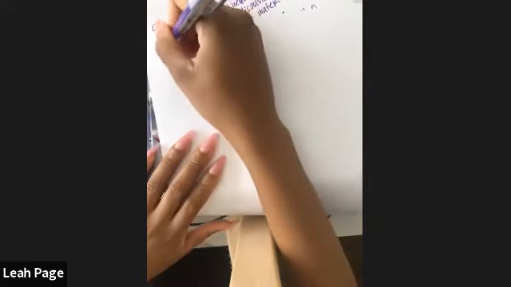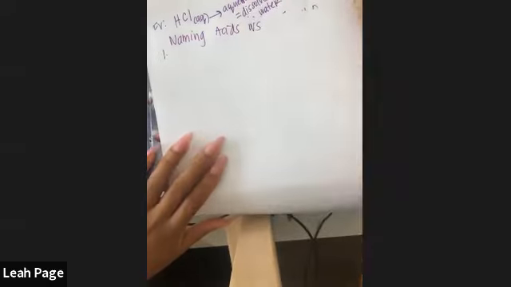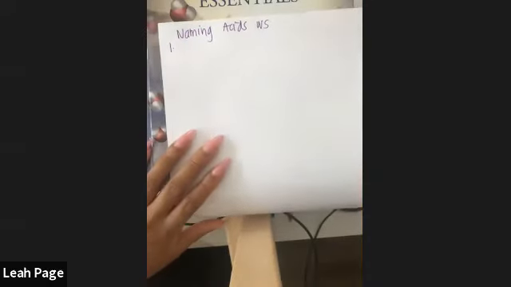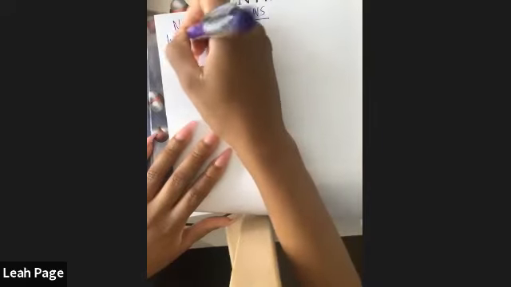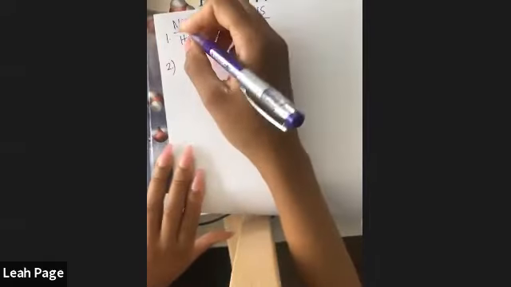You can go ahead and get started if you have it in front of you. I'm just going to write it down for those who can't print it out. All right, so number 1, this is the naming acids worksheet. The first one is HCl. We want to write the name. They give us the formula.